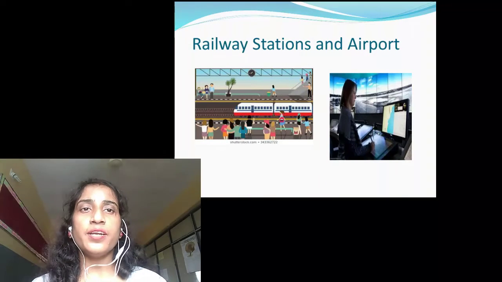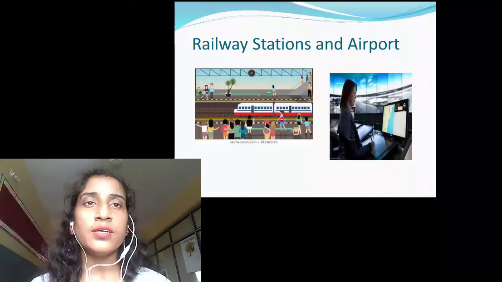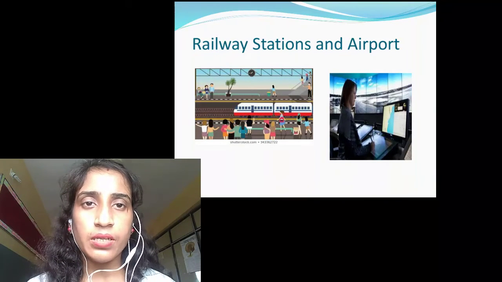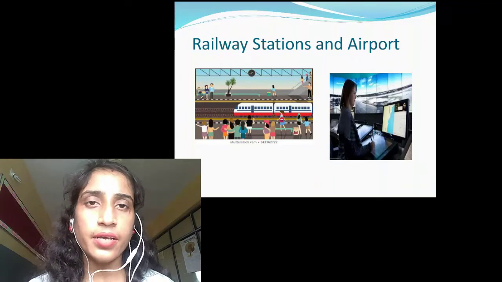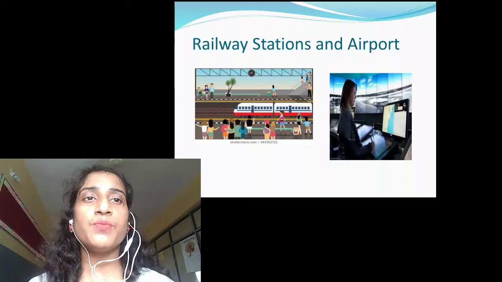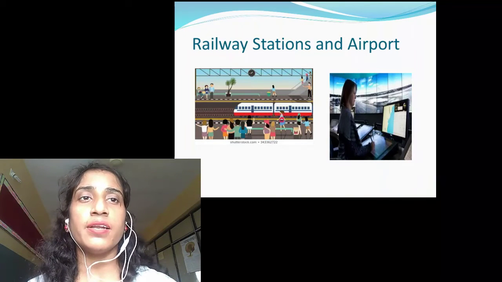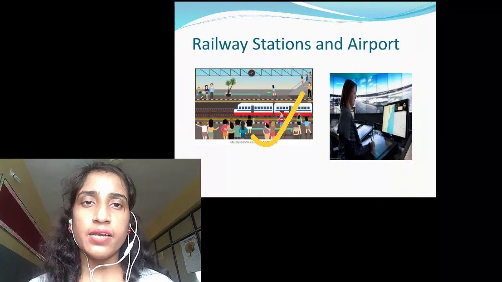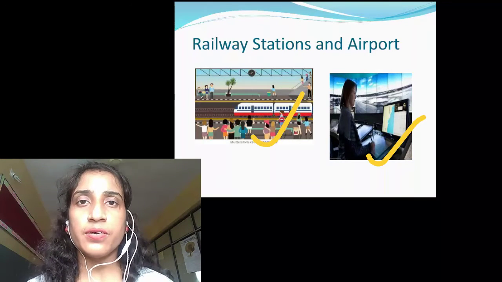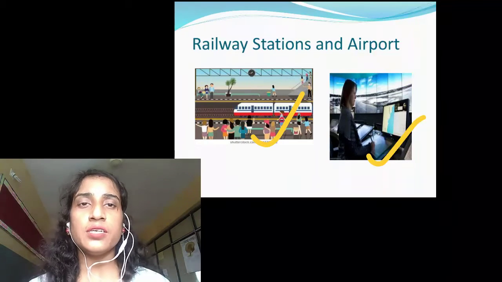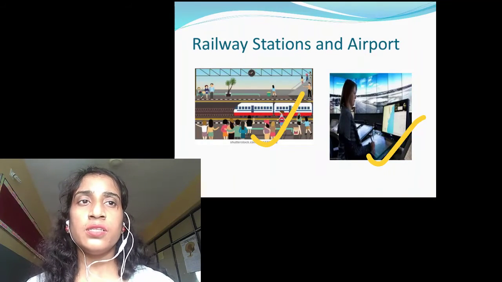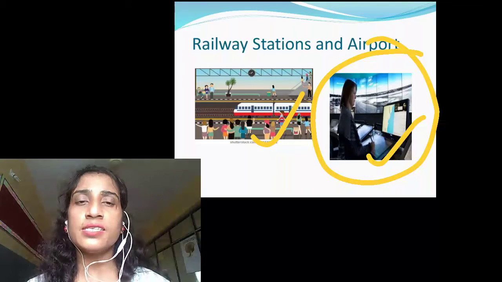Students, in this video today we are going to cover the railway station and airport. In this slide you can see two pictures. The first picture is the railway station and the second one is the airport.